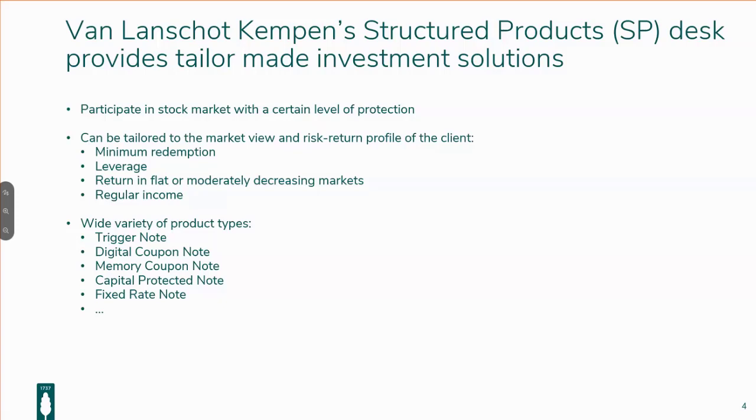Things that you can think of are, for example, minimum redemption, leverage, or return in flat or moderately decreasing markets. And with that comes a lot of variety in the number of product types that we offer. For example, you can have trigger notes, but also digital coupon notes, memory coupon notes, and so on.